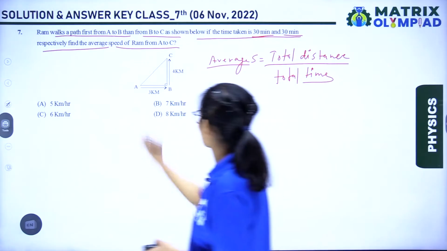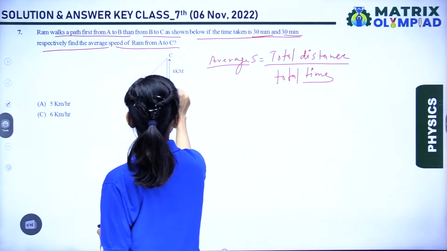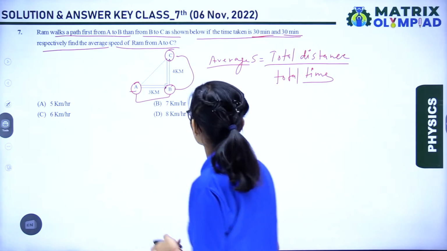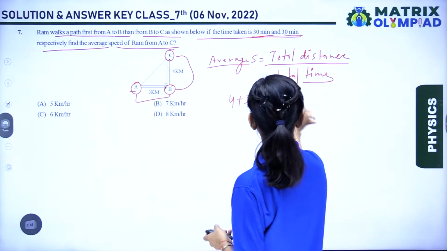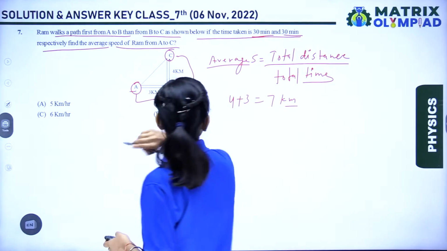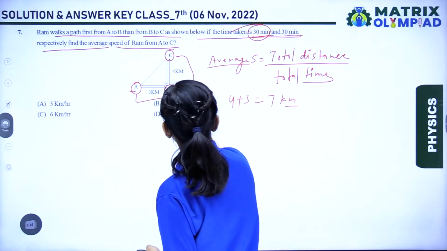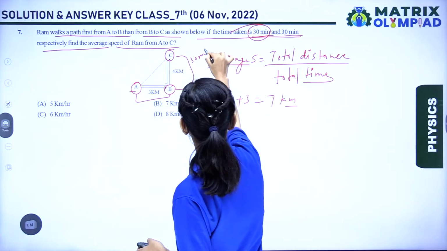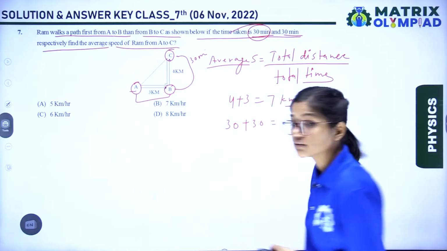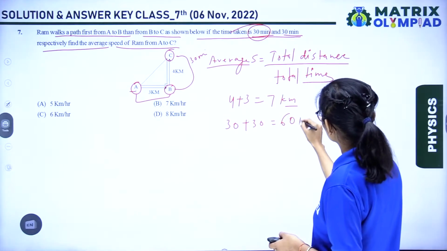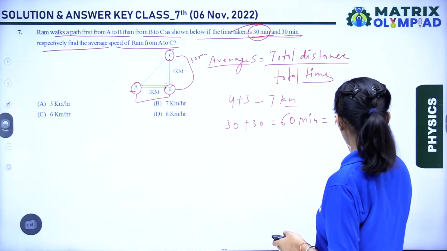So Ram goes from A to B, then B to C. So the total distance is 4 plus 3, that is 7 kilometers, and it takes A to B 30 minutes, and then B to C it also takes 30 minutes. So the total time is 30 minutes plus 30 minutes, which is 60 minutes, and I can say it is 1 hour.